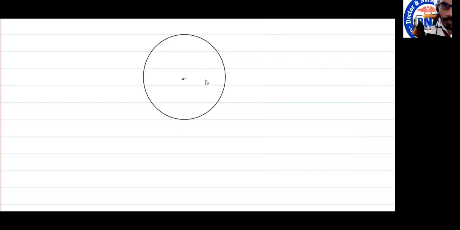Suppose this is a point and we move from this point to this point. When we move from this point to this point, this is called an arc. This arc subtends some angle at the center, which is called theta.